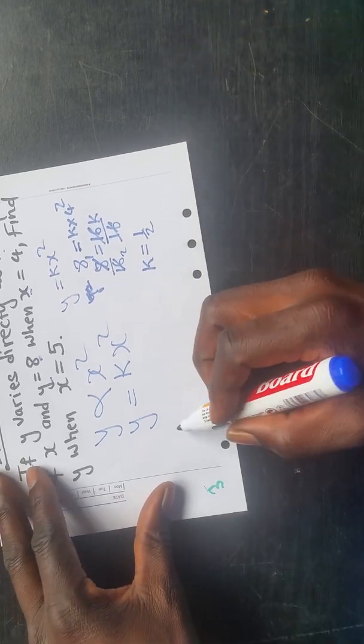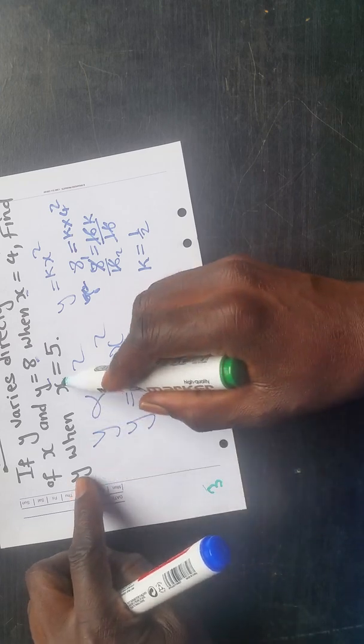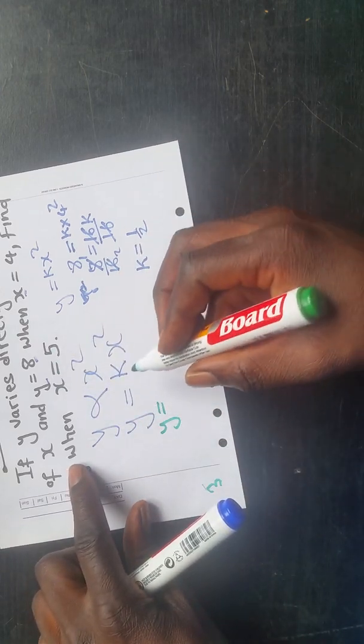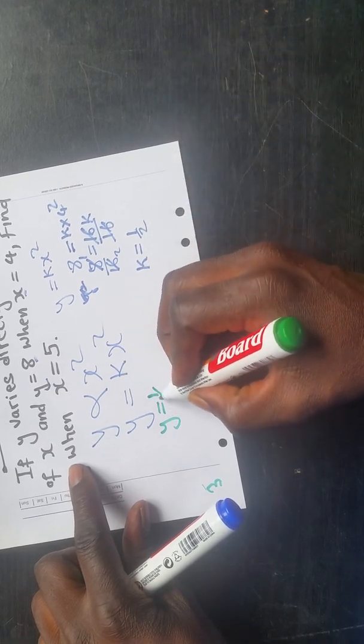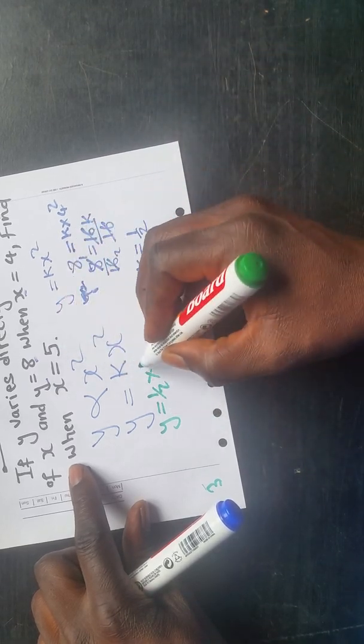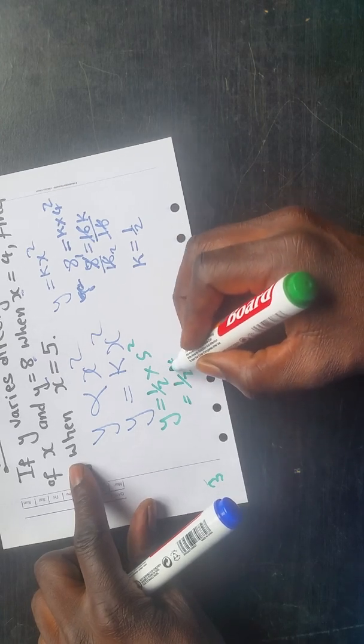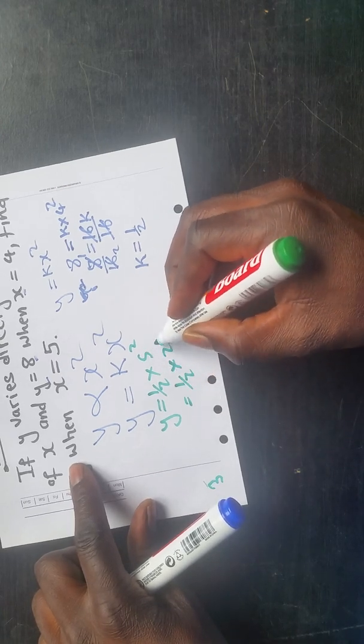Then we come back and ask, what is the value of y when x is 5? So y is equal to the constant, a half, multiplied by 5 squared, which is 25.